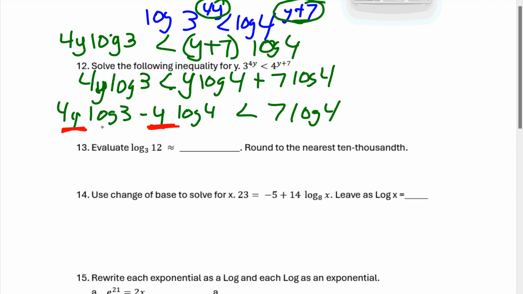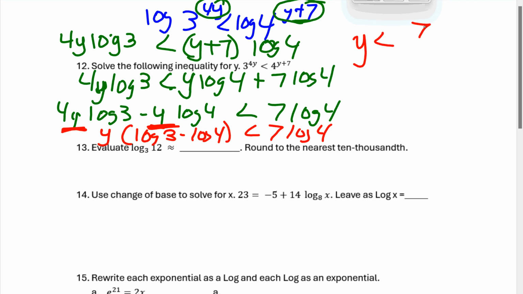So I'm going to bring out a y on the outside, and I get left with log 3 minus log 4 less than 7 log 4. So now I can divide by what's not log, right? I'm going to divide by log 3 minus log 4. And this is only true because I have it on both sides. That is the only reason I'm distributing here, up here, and that's the only reason that I'm subtracting. It's because I have 2 y's on both sides.